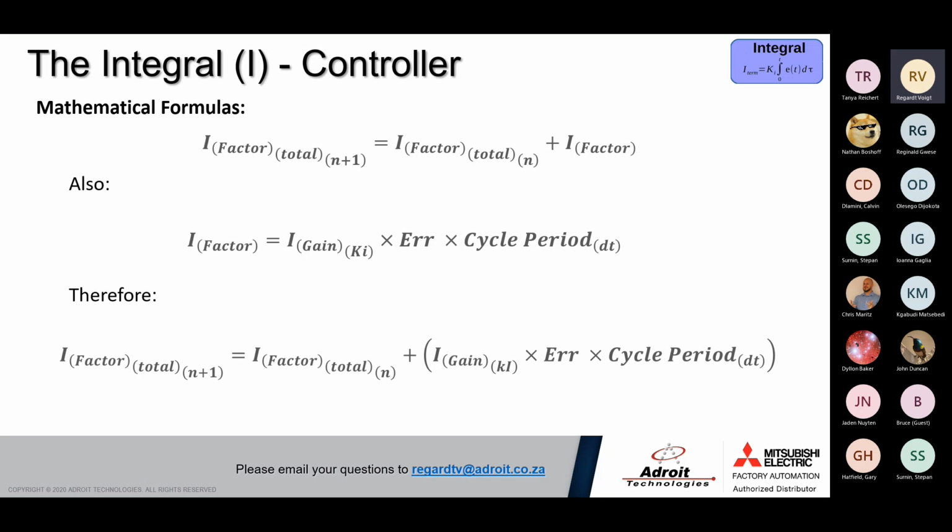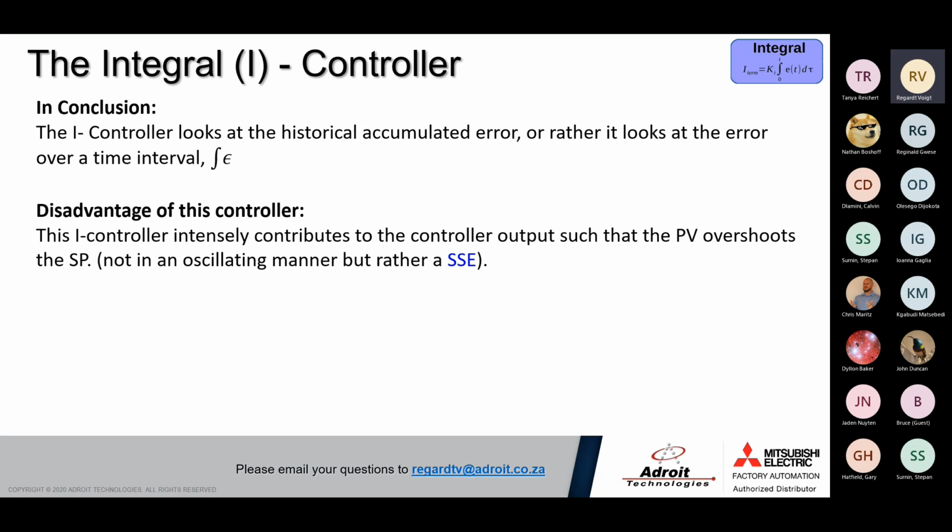affect the control system. Right, so just to finalize, the I controller looks at the past, the history, but there's a disadvantage in this controller. In some cases there will be a drift where the I controller will not do error correction anymore, even though there's a small error.